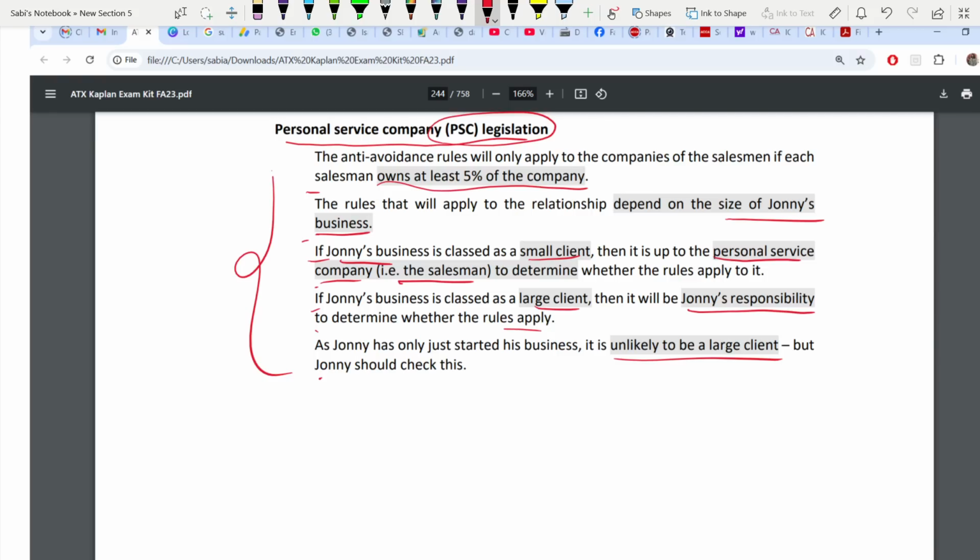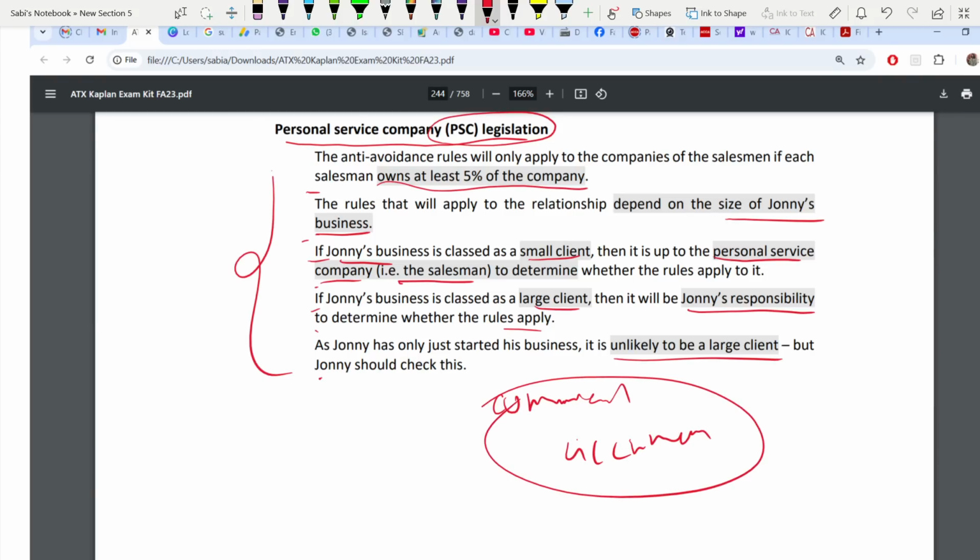Next, in this case, Johnny is unlikely to be a large client. Why? This is where commercial acumen kicks in. This is your professional knowledge, a professional skill. That means, are you aware of where you are? If you read the case study, you will see Johnny has just started a new business. So it's very unlikely, if you have just started a new business, you can't be large.